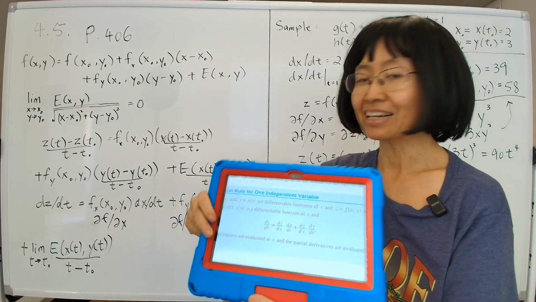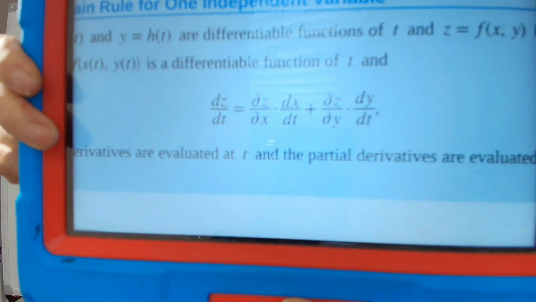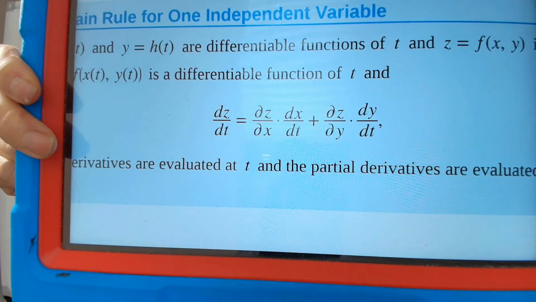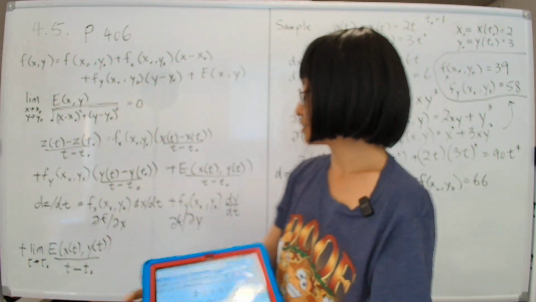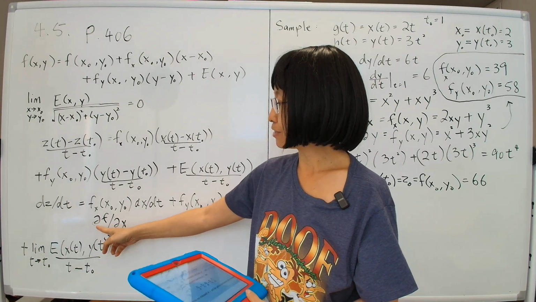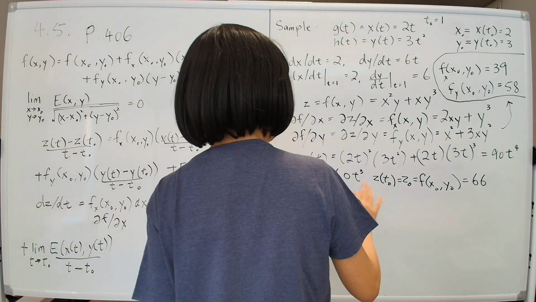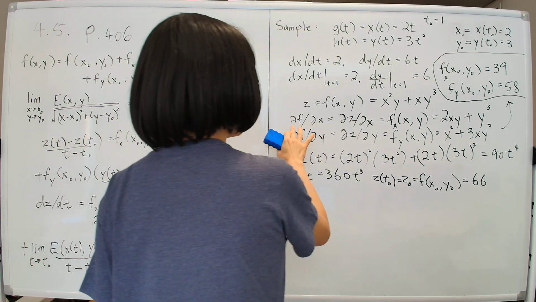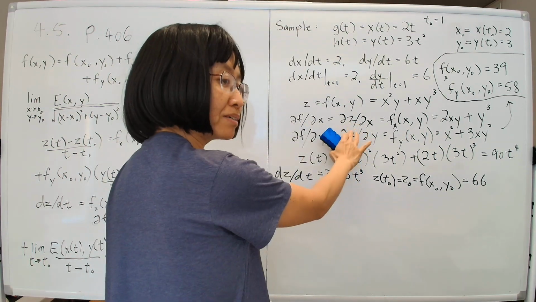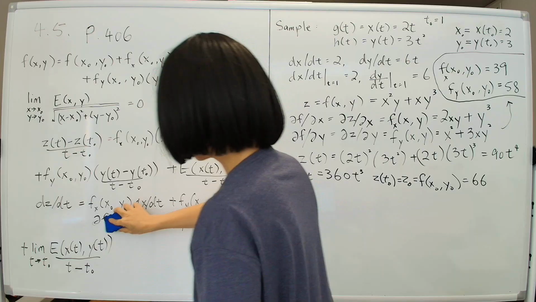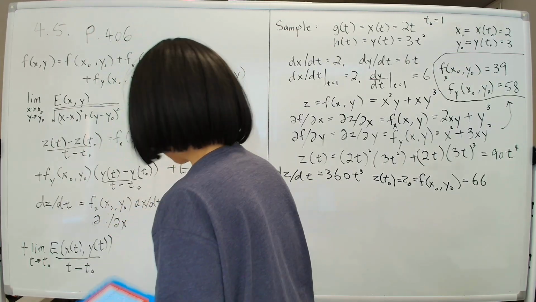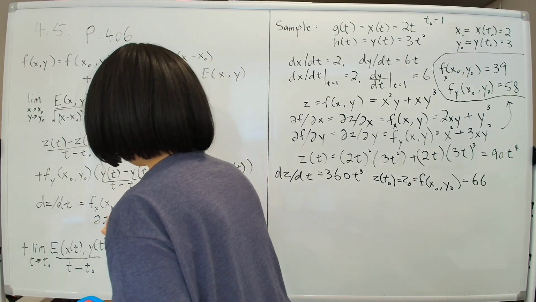This thing right here. See, in the theorem, dz by dt equals partial z. And remember, partial f, I should write it differently. Partial f, partial x is the same as partial z, partial x. Okay, so let's write it exactly like the book has it. So this is partial z, partial x.